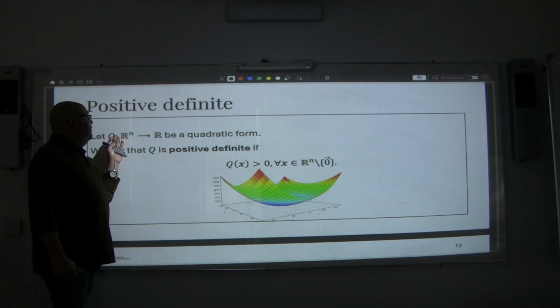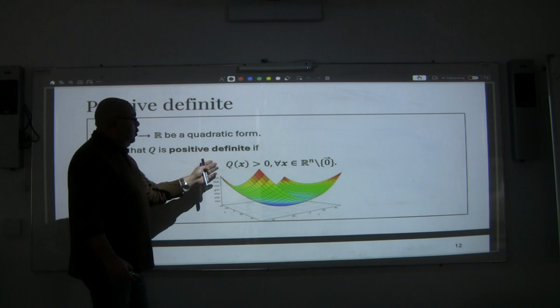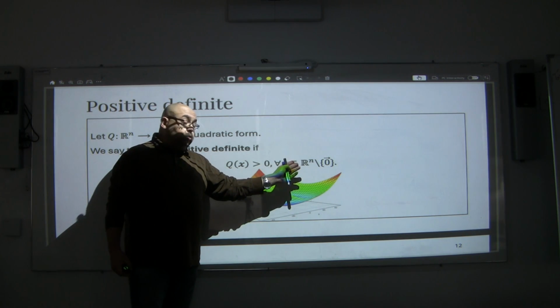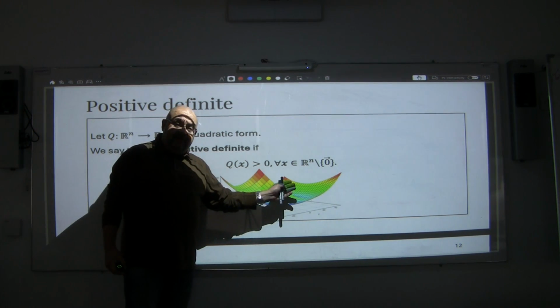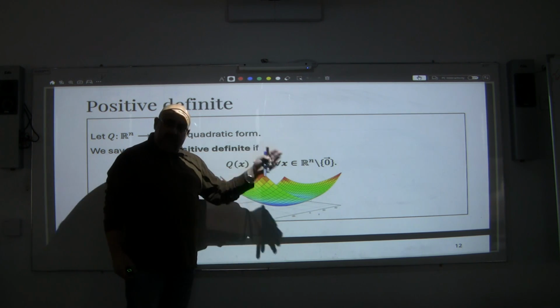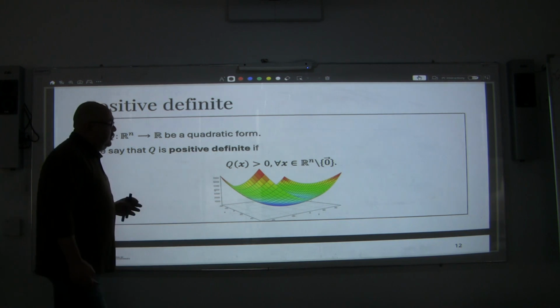So if I have the quadratic form q of x greater than 0, then the quadratic form is going to be greater than 0 for every x that belongs to Rn except at 0, and this is the shape that I will have. It represents a minimum point, and more analysis will be needed down the road in calculus.